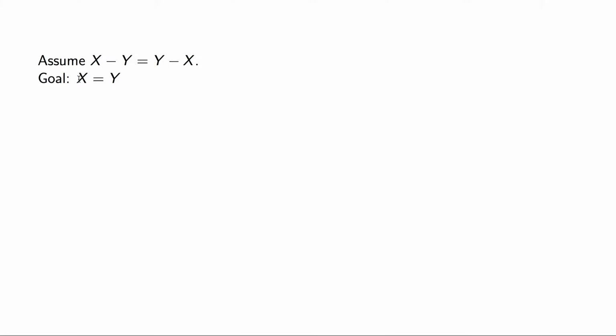Please notice that the goal is an equality of sets. 2 sets are equal if the first is a subset of the second and the second is a subset of the first. So we plan our proof as consisting of parts showing these two inclusions.